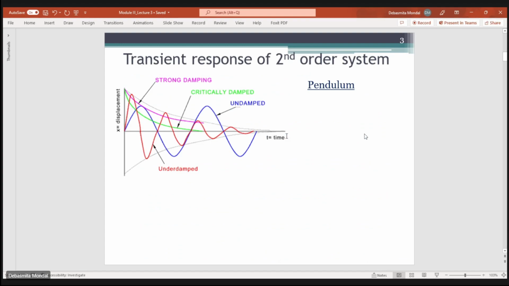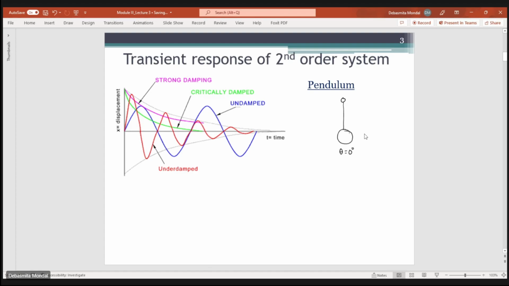Now let's see what it means by overdamped, underdamped, critically damped. Let us take an example of a simple pendulum. Let us say this is your pendulum. This is your steady state position where the value of theta is equal to 0 degree.